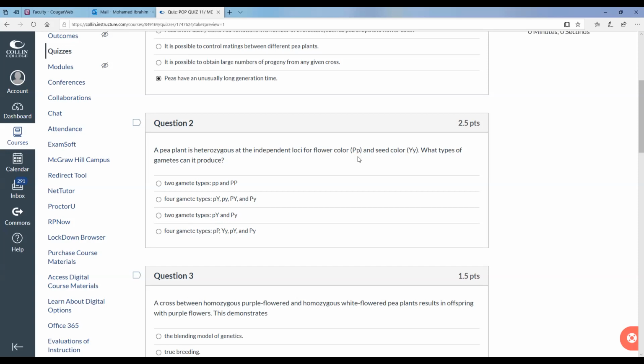If it is P small, this is homozygous. But when you have two different alleles, it's heterozygous. So it's a plant heterozygous for two things, for the color and for the seed. What do you think about the type of gametes that can be produced from this plant?